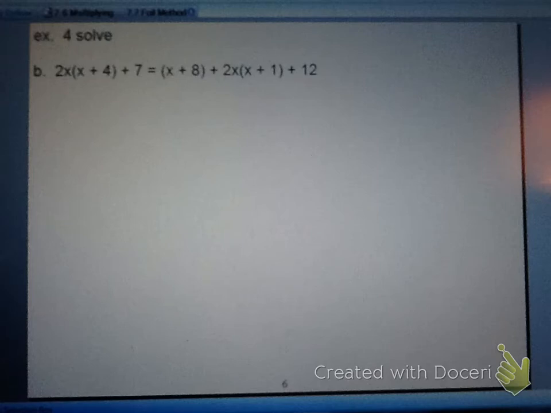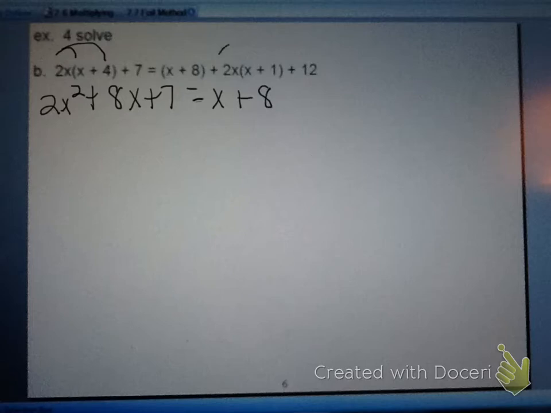Example 4b, we're going to do the distributive property. We get 2x squared plus 8x plus 7 is equal to, now on the other side of the equal sign, there is nothing in front of that first parentheses, so we can just drop the parentheses and rewrite it.